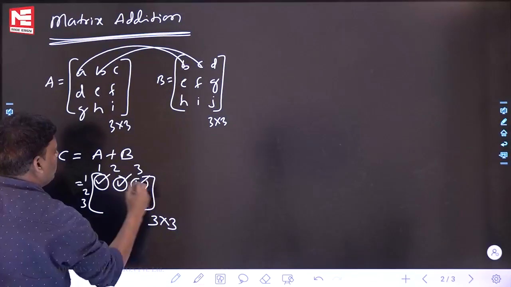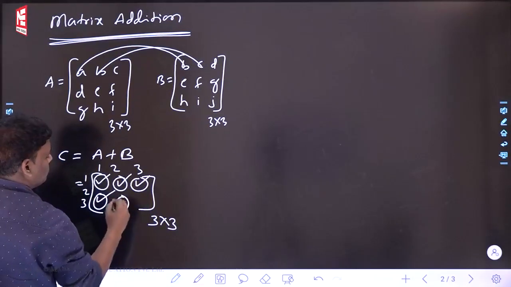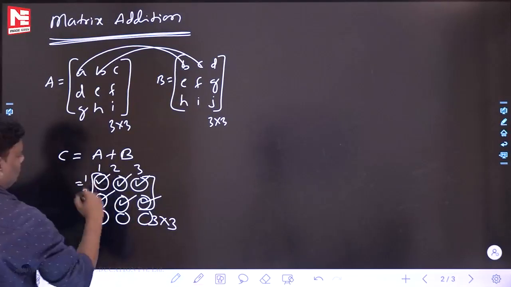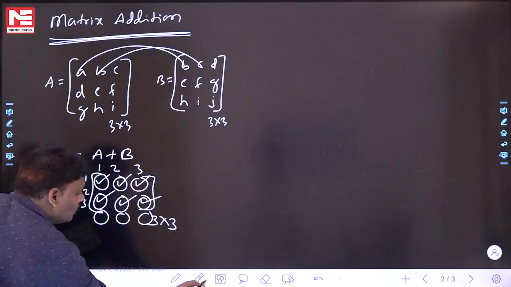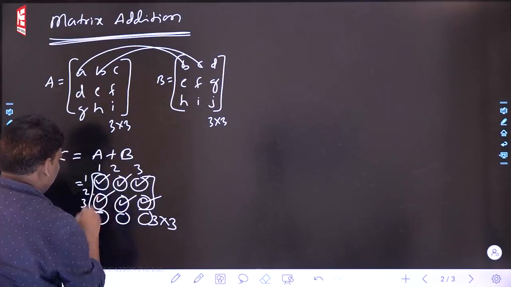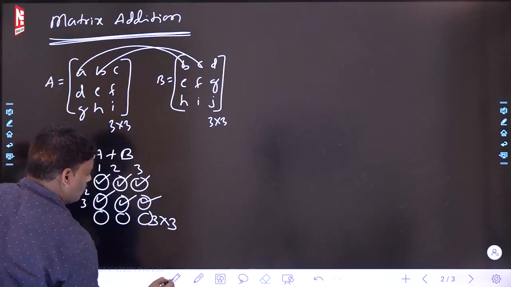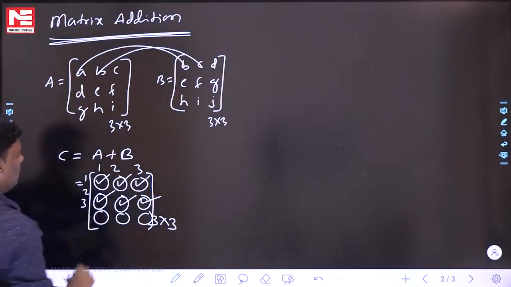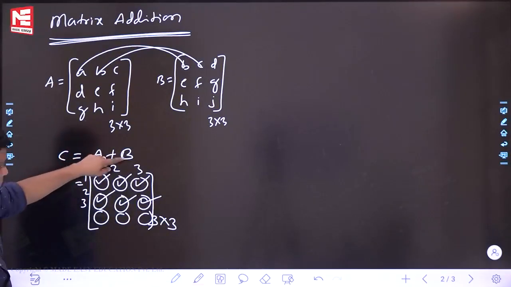Everywhere one addition is required. Everywhere one addition, like 3 by 3. If you want, I will make it proper. C is equal to A plus B, right?